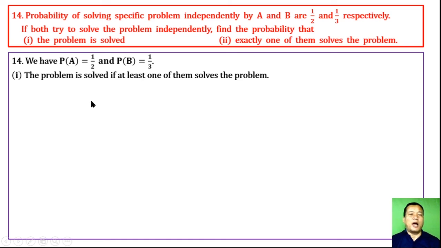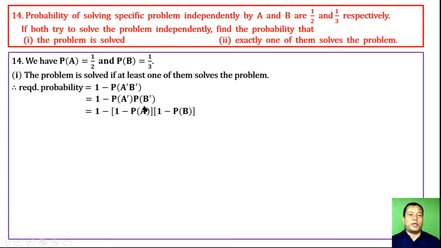Therefore the required probability is the complement of the case where neither A nor B solves it. Since these are independent events, the probability is the product of P of not A and P of not B, where P of not A is equal to 1 minus P of A, and P of not B is equal to 1 minus P of B. Put their respective values, half and 1 by 3, and solving we get 2 by 3.